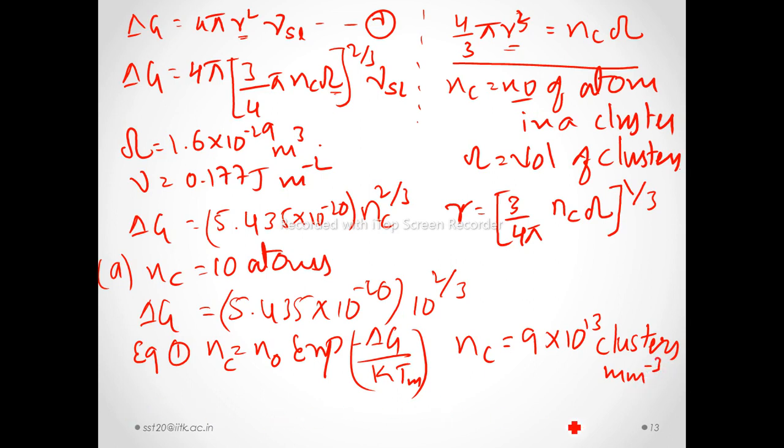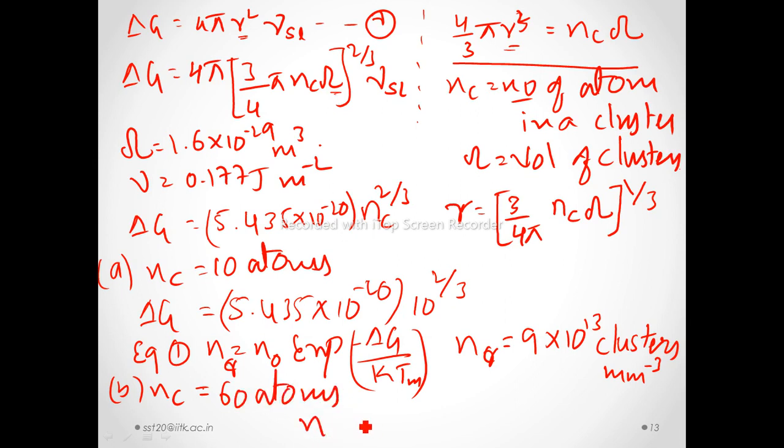Okay, similarly for the B part, sorry, this should be n naught for the differentiation. This is NC, right? Number of atoms per cluster. NC is equals to 60 atoms.